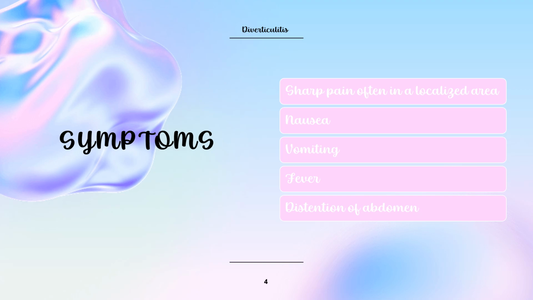You can have nausea, vomiting, fever, and distension of the abdomen, which means you'll look bloated, and it'll be very painful. You can have diarrhea with it, or you could have constipation with it. It depends on how the diverticulitis is affecting you.